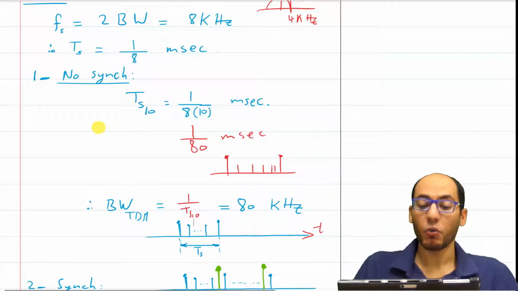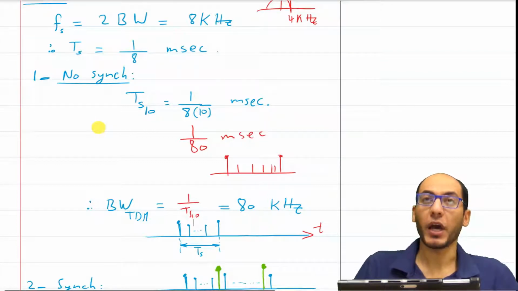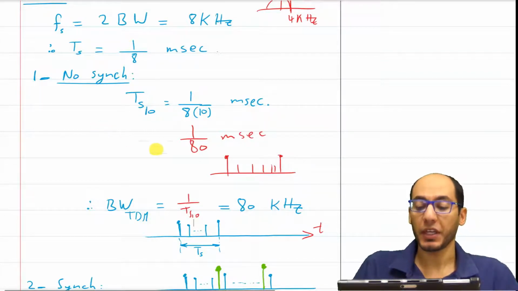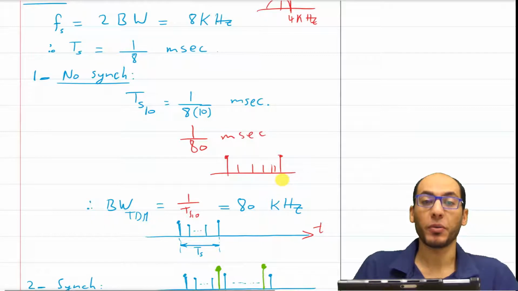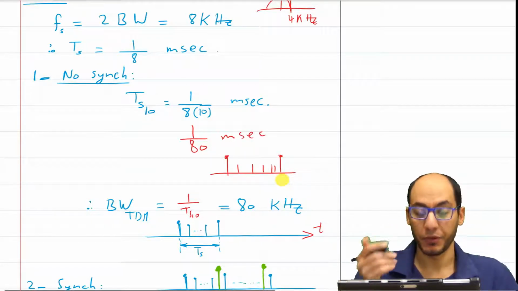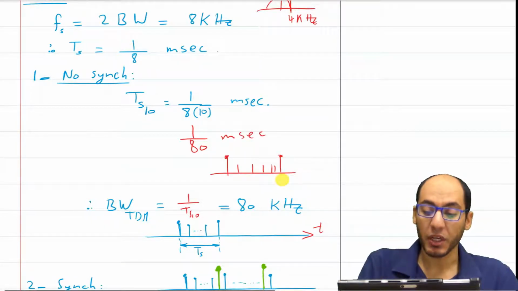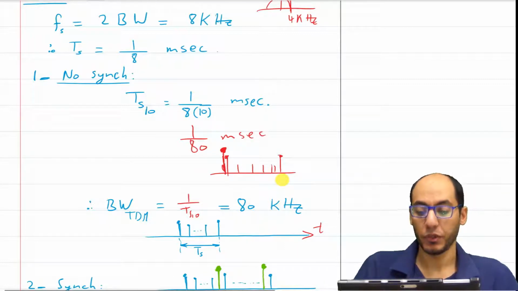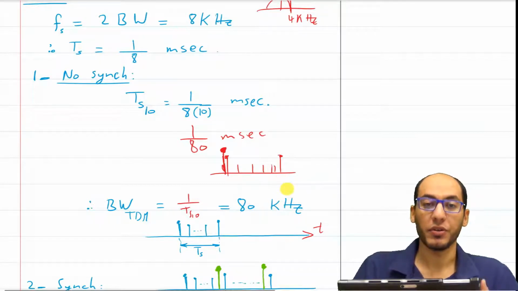Right now, what if you have a user that cannot know what the value of TS is? The user needs to be informed of this value at the receiver. And that's why sometimes I transmit a very large signal that I call the synchronization signal. What's the benefit of this synchronization signal? Its benefit is to tell the users where to start receiving.